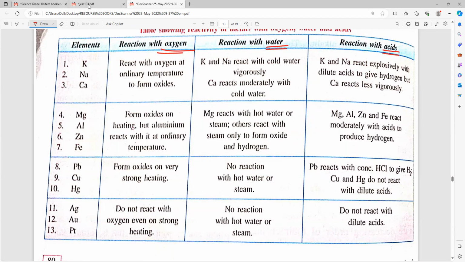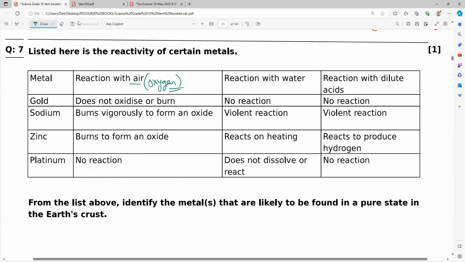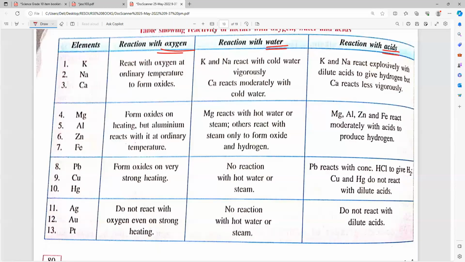If I am wrong, you can verify it. Is there any change in the headings? Even for acids, I mentioned dilute acids. It is a very, very important tabular column.